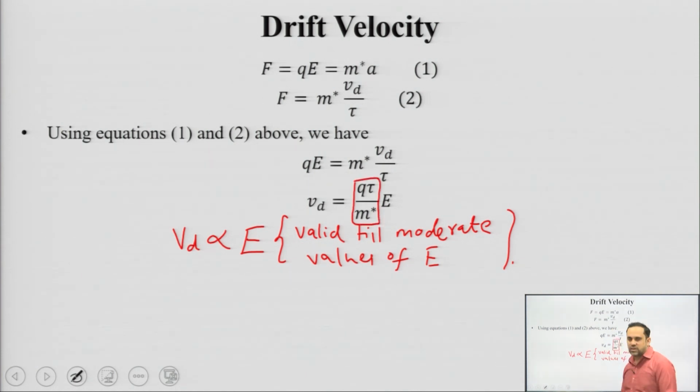This is your constant of proportionality. Okay. So, if drift velocity is directly proportional to E, this term here is my constant of proportionality.